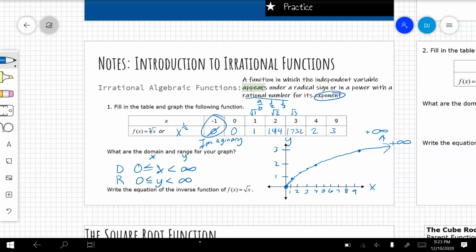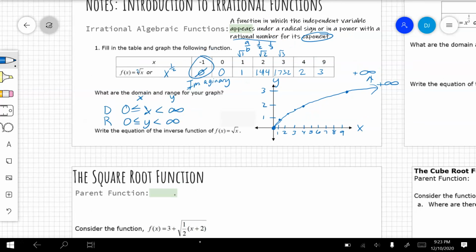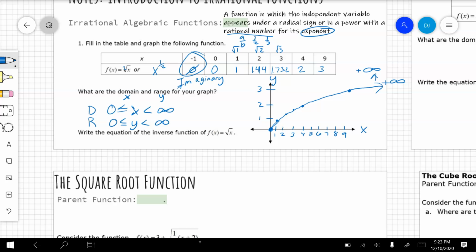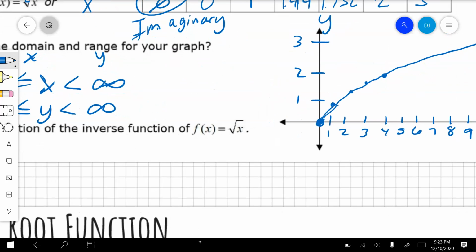Now it says write the equation for the inverse function of f of x equals the square root of x. What we're going to do is switch x and y first. Remember, f of x is just a fancier way of writing y. So y equals the square root of x, but now we're going to have x equals the square root of y.